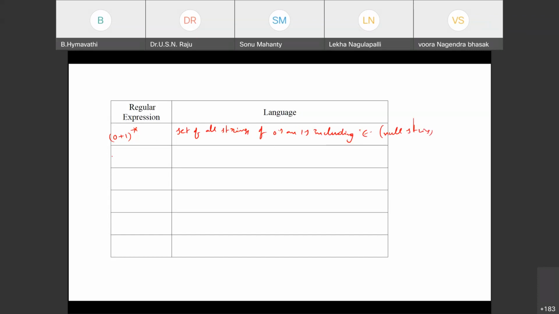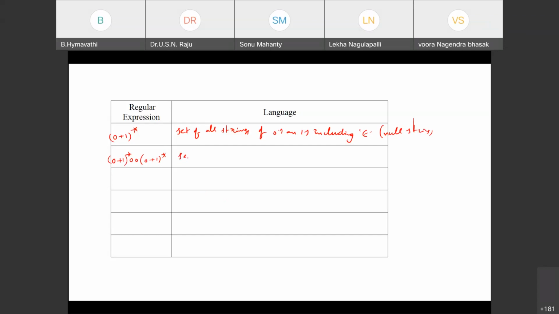Okay. Now please tell me the answer for this: 0 plus 1 whole star followed by 0 0 followed by 0 plus 1 whole star. Set of all strings which have 0 0 as a substring.